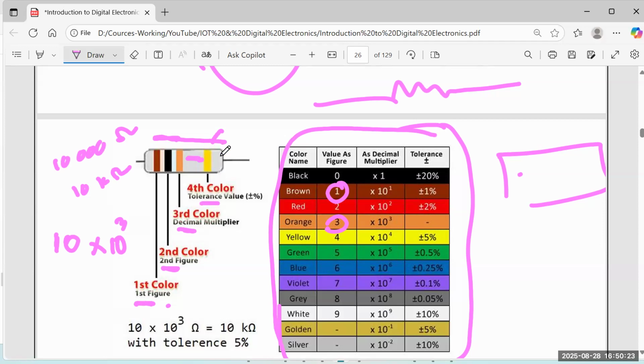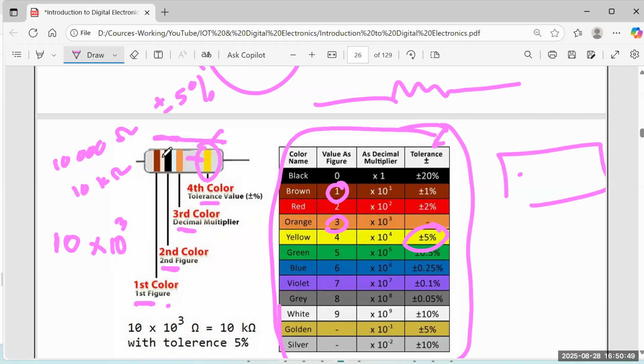So this color is yellow. So yellow means now you need to use this column to read only this band. And the tolerance is yellow means plus or minus 5%. That means 10,000 ohm with plus or minus 5% error. Okay, but usually we don't care about this. We are just interested in these three.